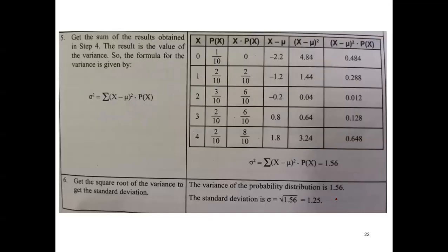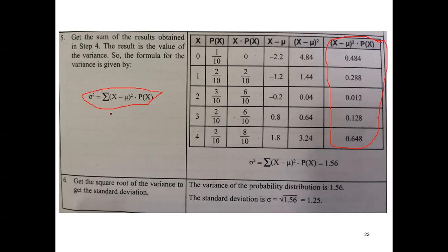Let's go for step 5. For step 5, it says that we're going to get the sum of the results obtained in step 4. The result is the value of the variance. So the formula for the variance is given below. Once we sum or add the answers from step 4, the result is the value of the variance, which has this formula.